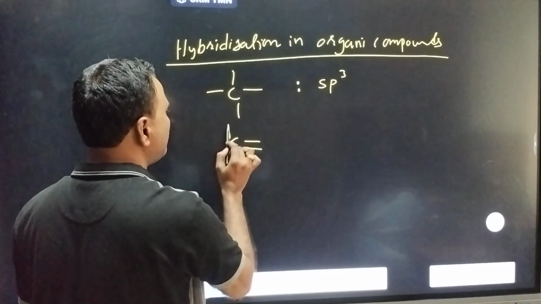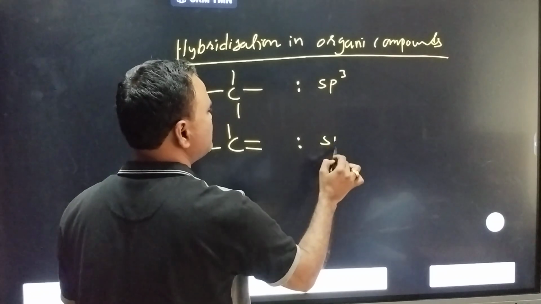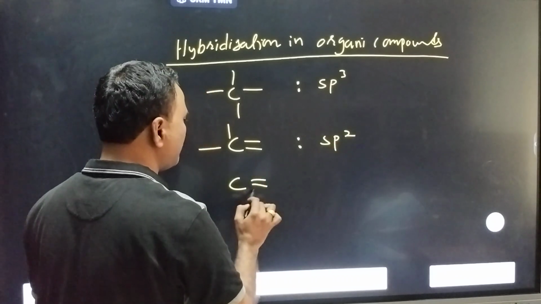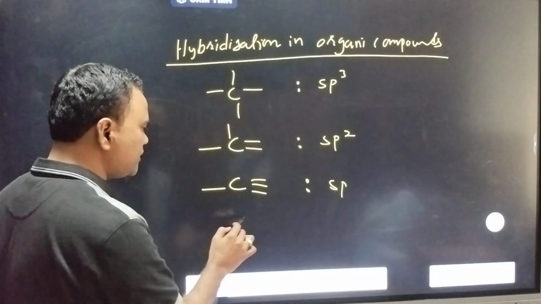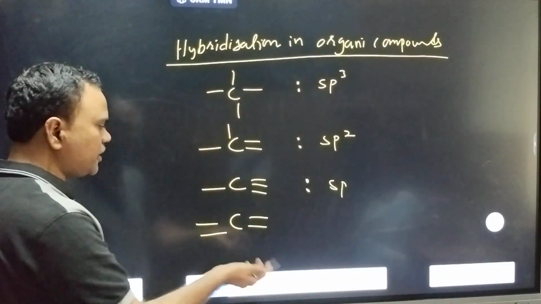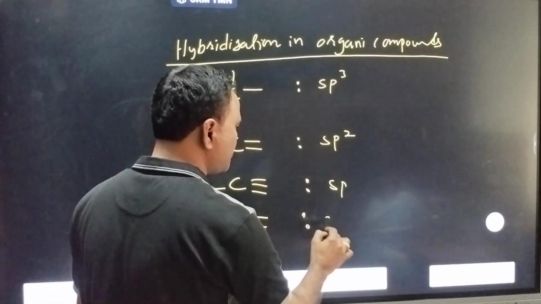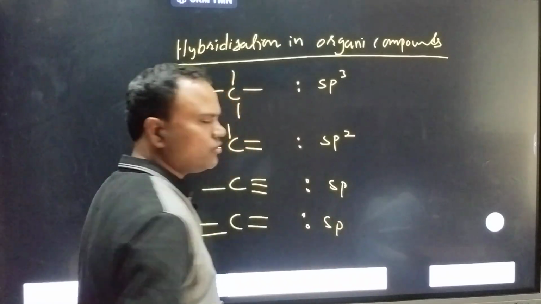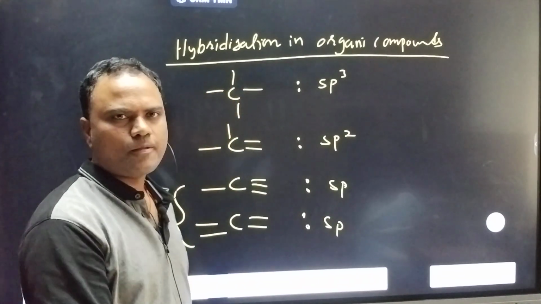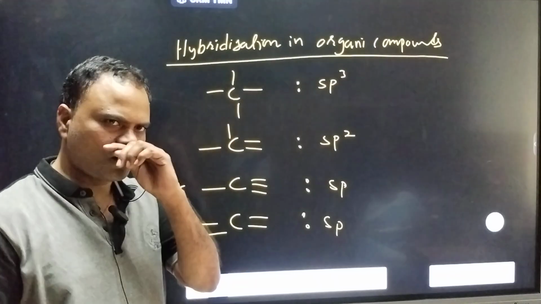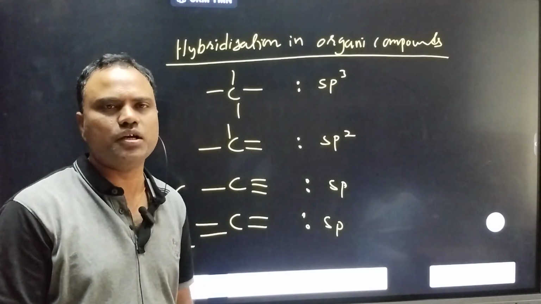If carbon is surrounded by one double bond, then its hybridization is sp2. If carbon is surrounded by a triple bond, then its hybridization is sp. If carbon is surrounded by two double bonds, this side and that side, then also the hybridization is sp only, not sp2. Based on this, we will do some questions related to organic molecules.